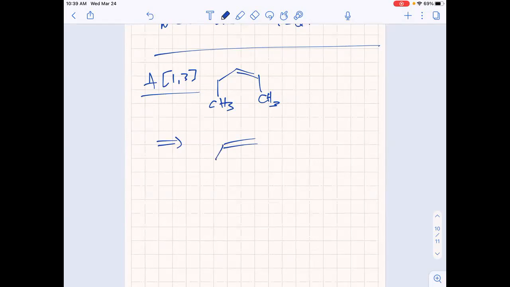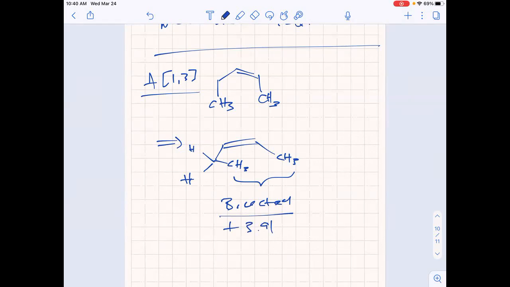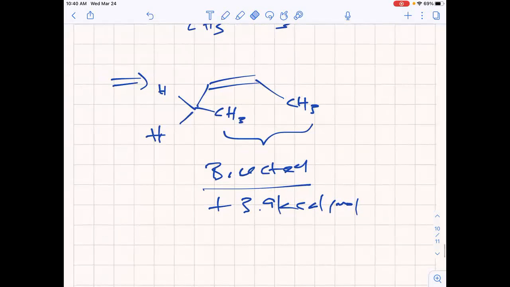So you have here, if it's bisected, where these two groups are overlapping, that's going to cost you some energy. It actually costs about 3.9 kilocalories per mole for that to be in that bisected conformation.